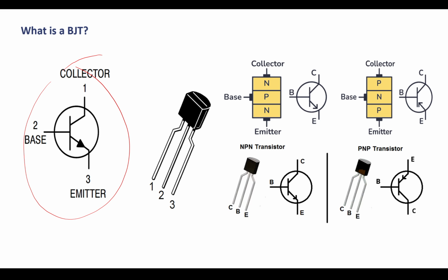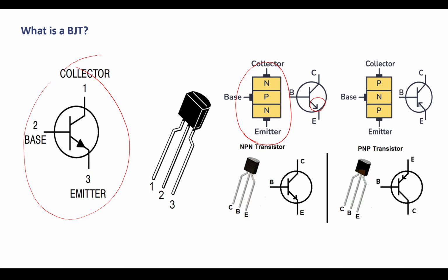As we said, we have two types of BJT. One is NPN, which means the middle one, the base, is connected to the P type, or PNP, in which the base is connected to the N type. In NPN, the current goes from collector to emitter.